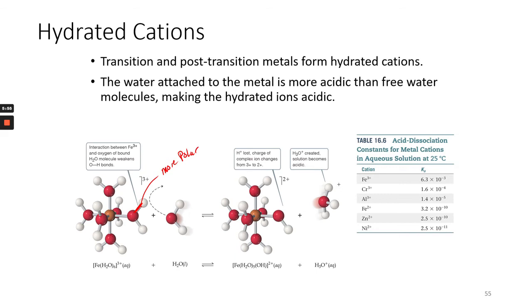Because all of this part of the molecule is more negative, it draws the electrons more over here. So it makes this bond and this bond more polar, which then allows this hydrogen to be pulled away and donated to the water, making this acidic.